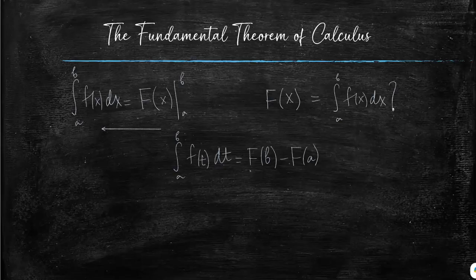We now know that this doesn't have to be a fixed value b. We can actually introduce x in the limit of integration and put x over here. And now we can algebraically move f of a to the right-hand side, or rather left-hand side, and then swap the sides to end up with this by itself on one side. And on the other side, we're going to have the integral from a to x, f of t dt, plus f of a.